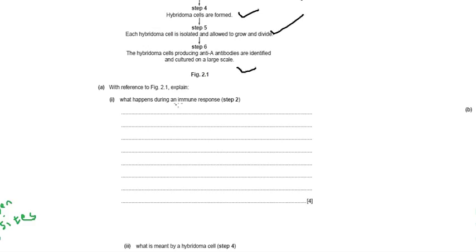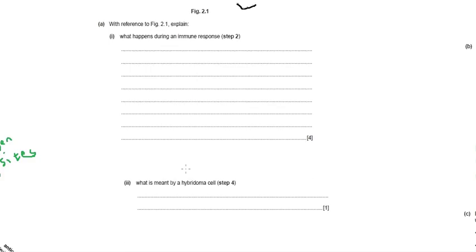So during an immune response, the lymphocytes produce antibodies. This is the first important point.